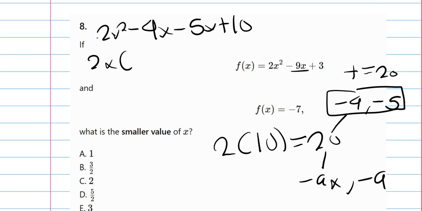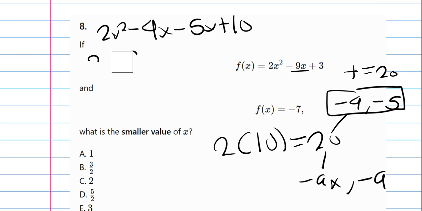So the common term here is 2x. So this would be 2x, and the other would be 5. Oh, sorry, it's not 2.